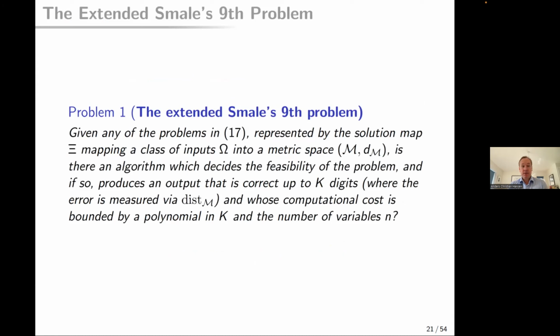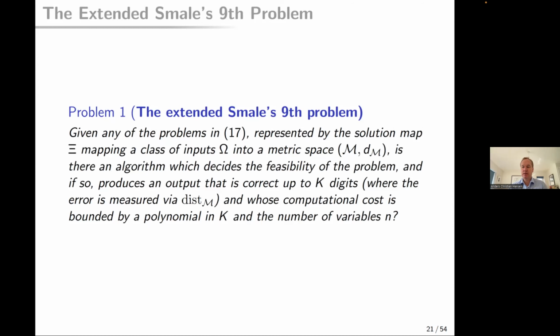So it really simply says, given any of these problems on that slide 17, it doesn't have to just be linear programs, semi-definite programs, lasso, and so forth, suppose now that we have a solution map of that. And the question now is, is there an algorithm that can decide the feasibility of the problem, and if so, produce an output that's correct up to k digits, and whose computational cost is bounded by a polynomial in k and the number of variables n.